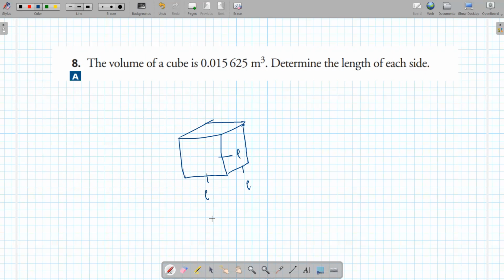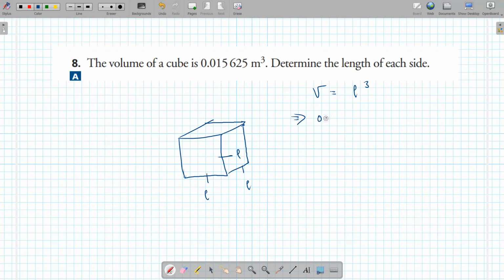What's the formula for the volume of a cube? It's just the length cubed. So we know volume is L cubed. They've given us the volume and they're asking us to find the length.